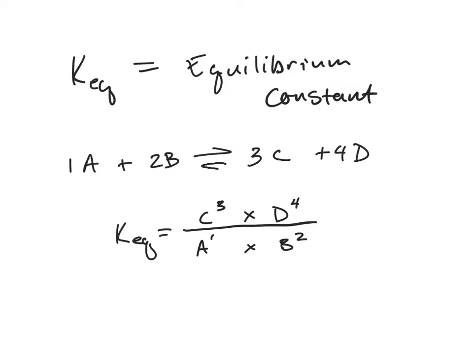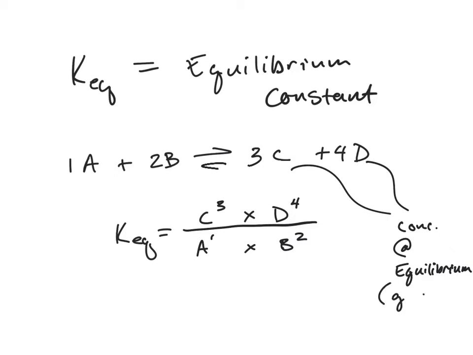These variables are representing the concentration at equilibrium. So when the reaction is done changing, what is its concentration? And again, remember, it is only for gases or aqueous substances, not solids or liquids.